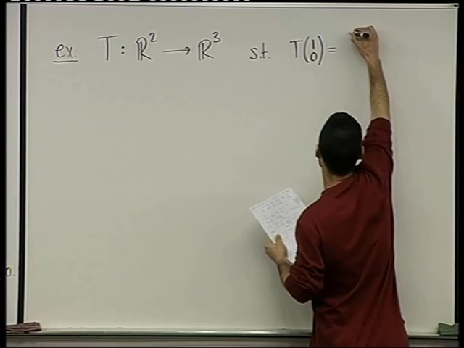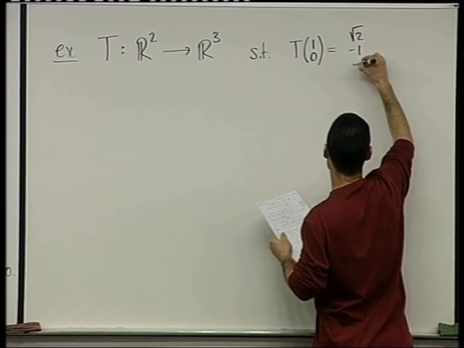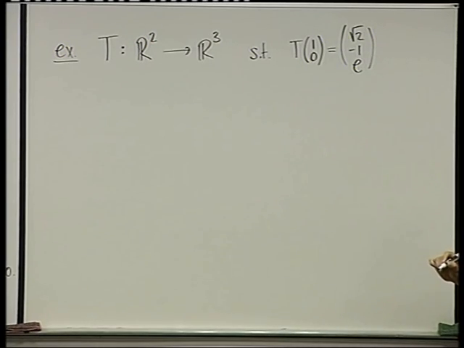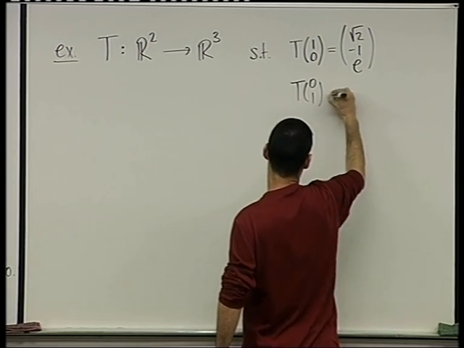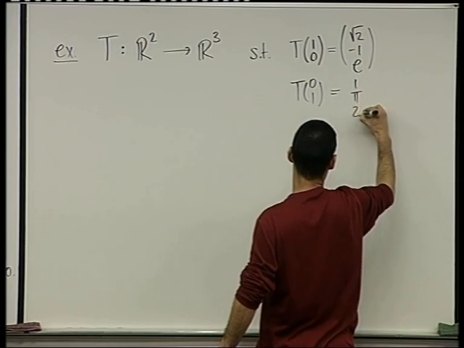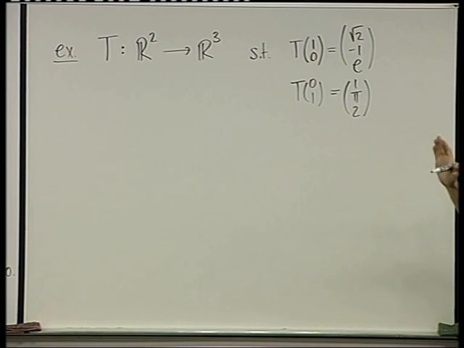I want it to be (root 2, negative 1, e). I want this to be what T does to (1, 0). And T of (0, 1), I want that to be (1, pi, 2). Suppose I want to find the map that does that to the standard basis of R2.